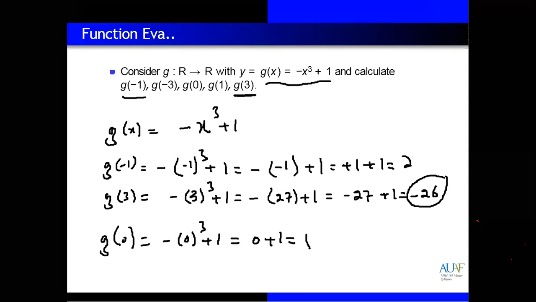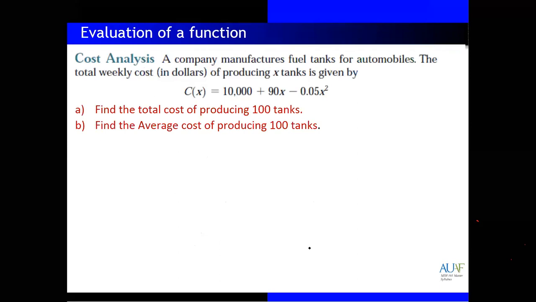Okay, example of this one. Let's suppose we have a cost function, a cost analysis for a company. Read this one: a company manufactures fuel tanks for automobiles. The total weekly cost in dollars of producing x tanks is given by a cost function. This is actually finding the cost of producing fuel tanks.